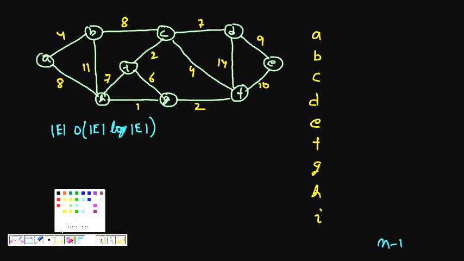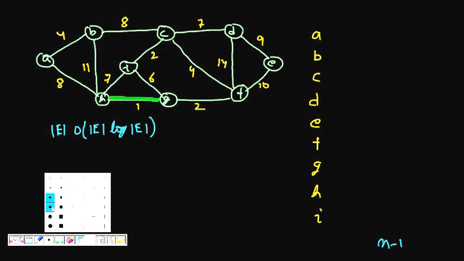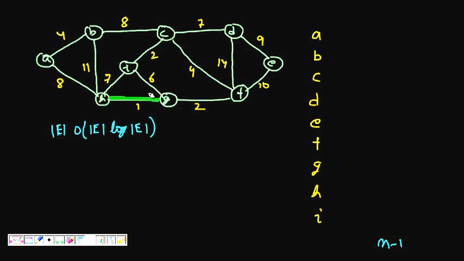This one is the smallest, so we take this one. Now this one is chosen, and this edge HG comes in A. So A now has H comma G.